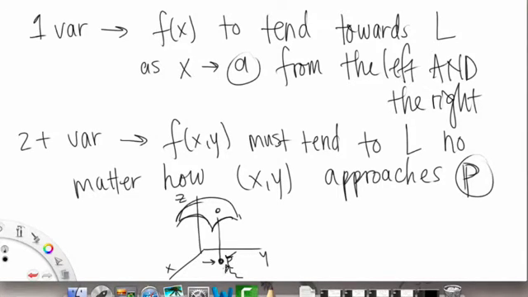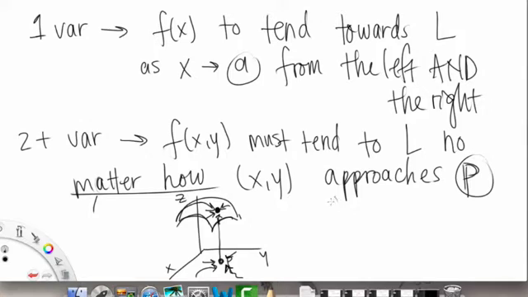It could be squiggly even. It doesn't have to be a straight line. It could be any kind of curve. Any way you approach P, it has to approach that same limit right here. So this doesn't mean just from the left or just from the right. This means from any direction.